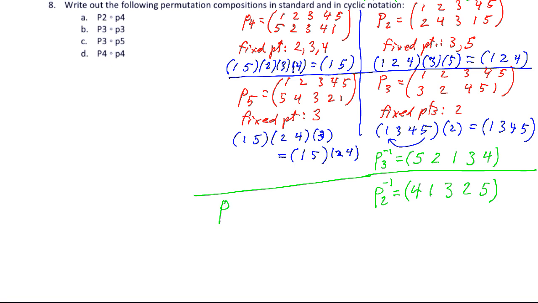P4 inverse over here. A 1 goes to a 5, 2 goes to 2, 3 to 3, 4 to 4, and 5 to 1. Finally, P5 inverse: 1 goes to 5, 2 goes to 4, 3 goes to 3, 4 goes to 2, and 5 goes to 1.